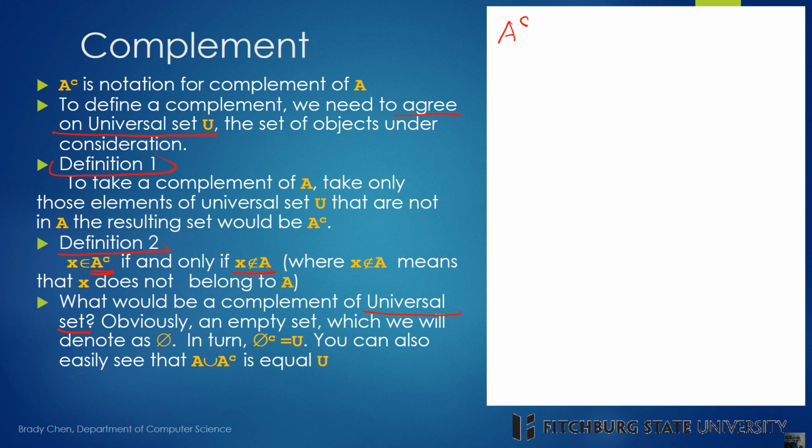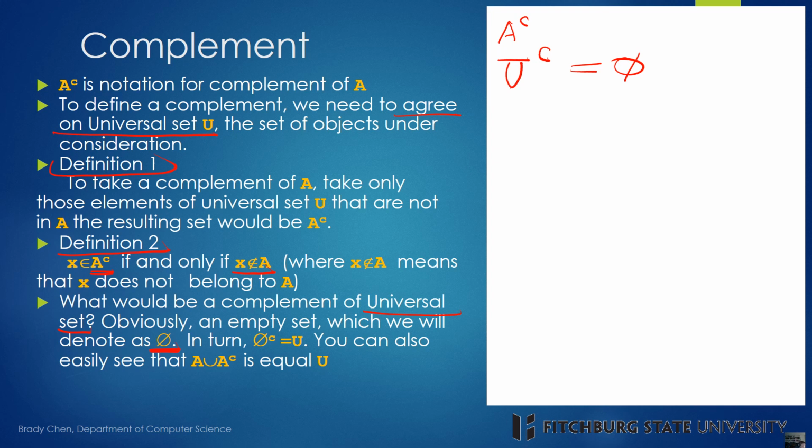Because the universal set already contains everything we are interested in, the complement of the universal set contains nothing. So we use the empty set: the complement of the universal set, U to the C, is the empty set.